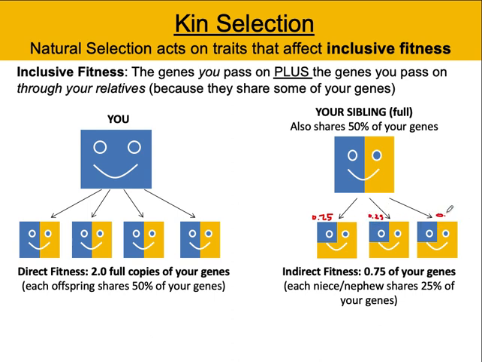So in other words, you are more closely related to your sibling and your offspring than you are to your niece or your nephew. You share more genetics in common with your sibling and with your offspring. So in this case, if your brother or your sister had 3 kids, if you add up 0.25 plus 0.25 plus 0.25, your indirect fitness would be 0.75.